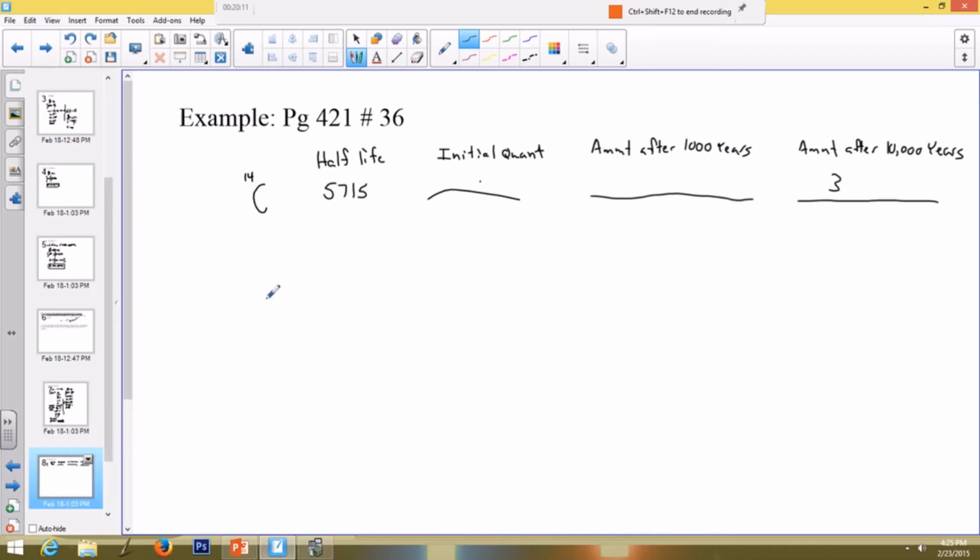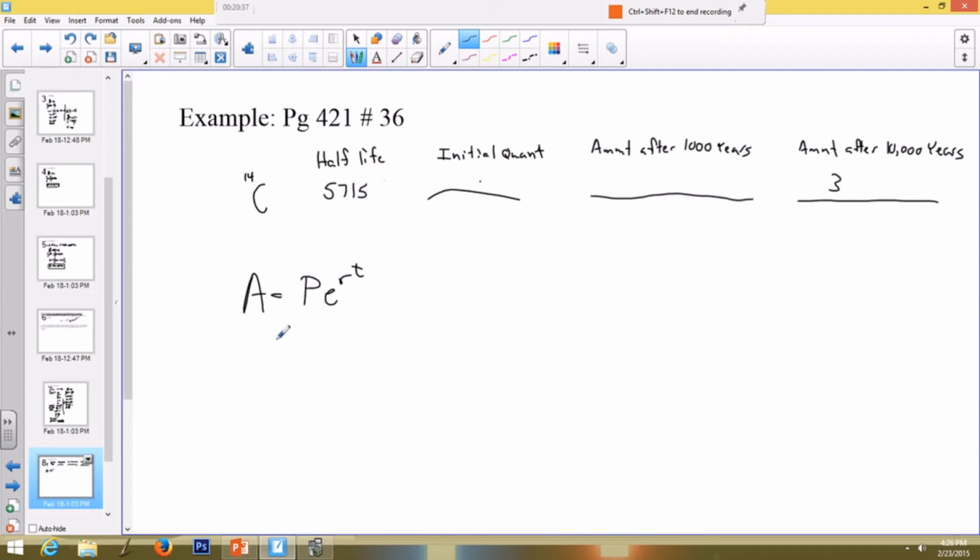So, exponential growth. A equals P e to the rt. Let's break it down here. What we already know is that in 5,715 years, there will be half of whatever your initial amount is present.